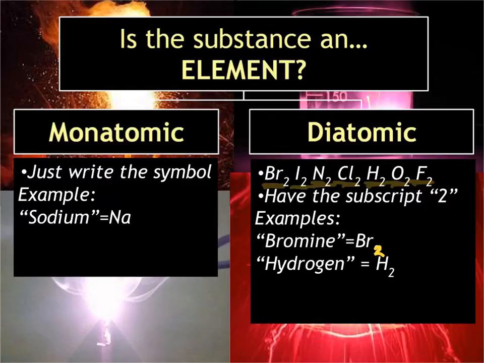Again, you're going to need to memorize these elements. One way to keep track of them is to remember the term Brinkelhoff. Brinkelhoff will allow you to remember all the different diatomic elements.